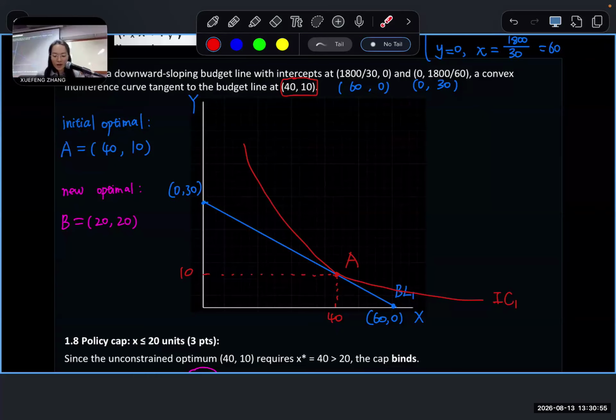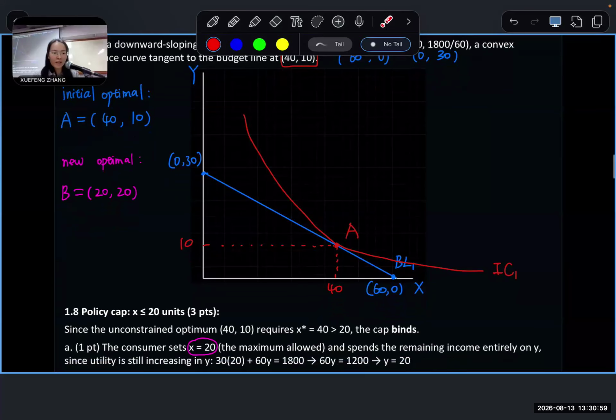Okay, next one, 1.8. The government imposes a policy limiting the purchase of good X to no more than 20 units. That means there is a cut. The government says for good X, the maximum you can buy is 20.